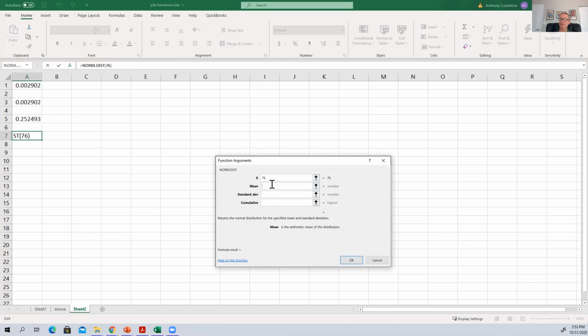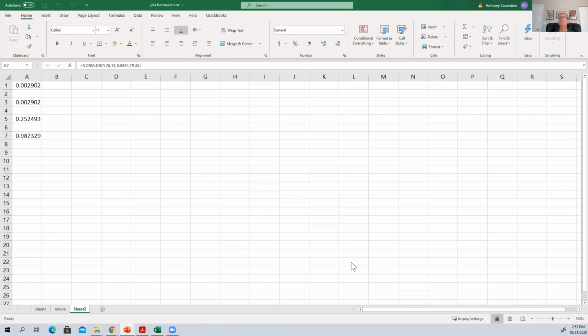Our mean was 74, and our standard deviation was 0.8944. And we have true.